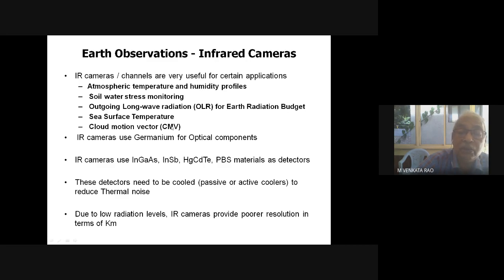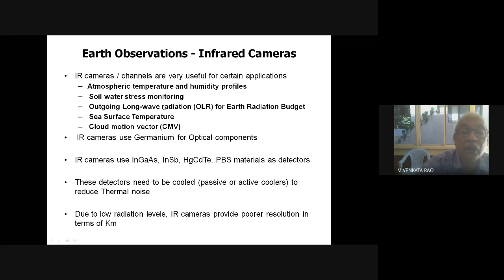Each wavelength will have different characteristics, because as the signal is going through different layers of the atmosphere, some of the atmospheric constituents absorb that wavelength. So based on the temperature, humidity, etc., from that sounding, they derive these parameters.